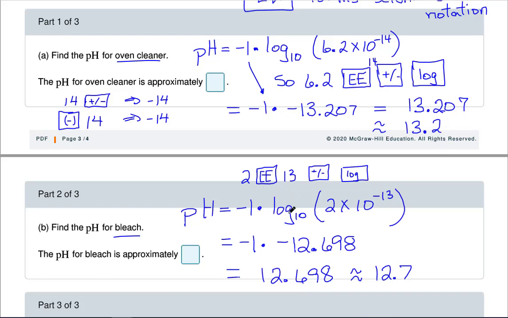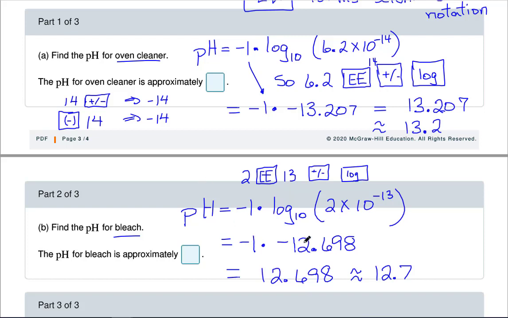For bleach, alright, we need log 10 of 2 times 10 to the minus 13. So 2 is our number, EE to put it in scientific notation, 13 to give it the exponent, plus/minus to change the sign, and then log. And so we get minus 12.698.